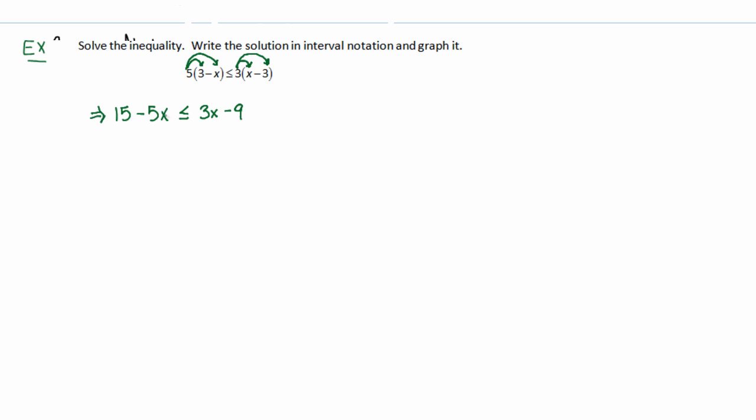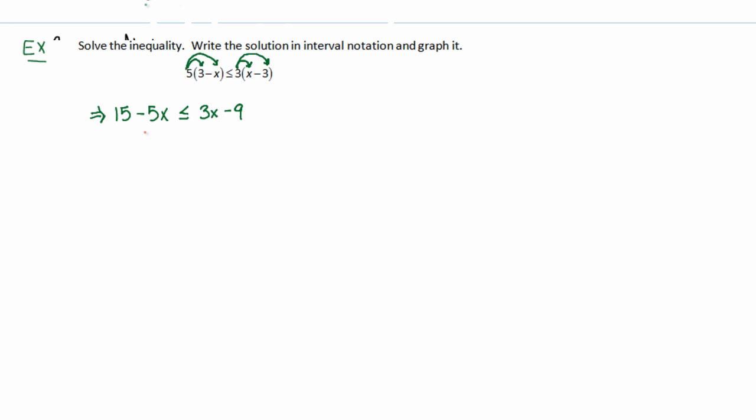And now I'll go ahead and gather up my x's. There's a couple ways you can go about doing this. Whenever I teach a course, whether it's arithmetic, pre-algebra, beginning algebra, intermediate algebra, trig, calculus, any of the series, I always recommend that when you isolate a variable, isolate it so that you have a positive coefficient on your variable.